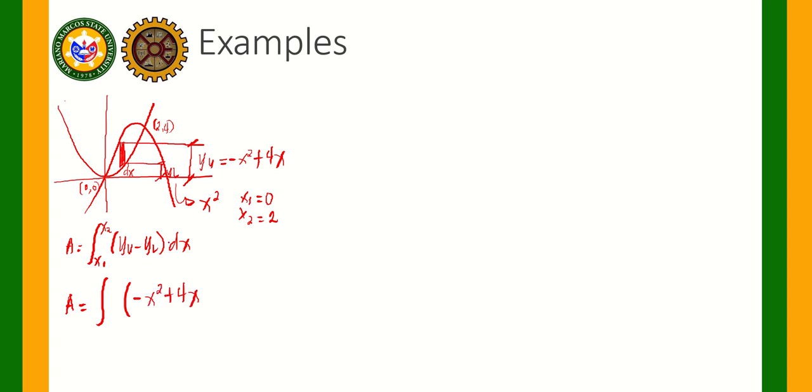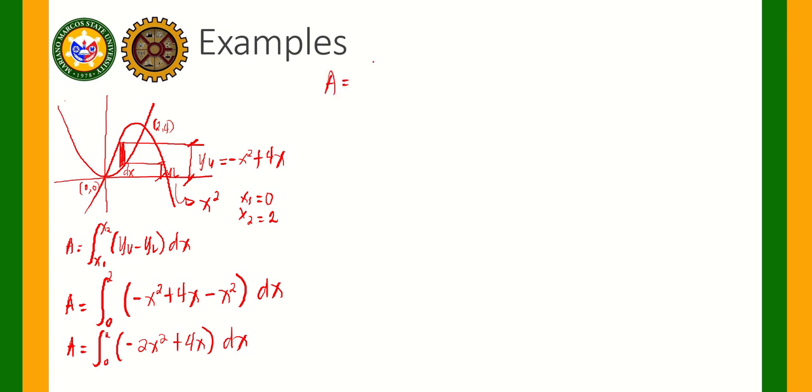And our y lower is x squared. So, minus x squared dx limits from 0 to 2. Okay? So, we simplify further. Area is equal to the integral of negative 2x squared plus 4x dx limits from 0 to 2.